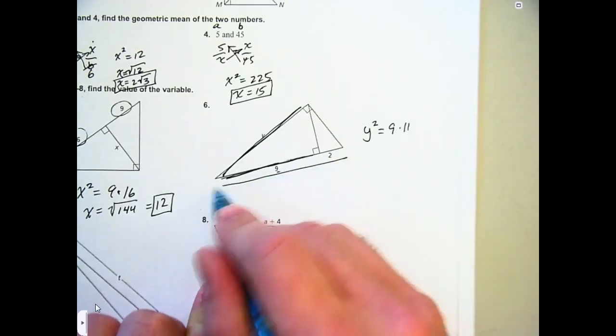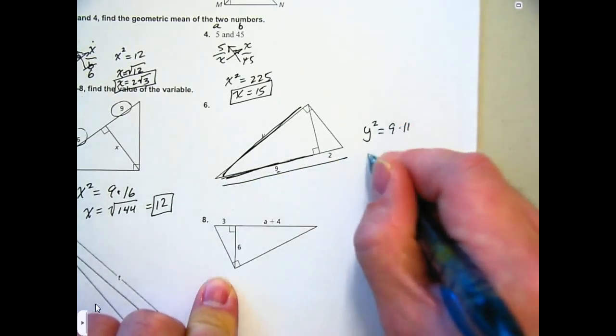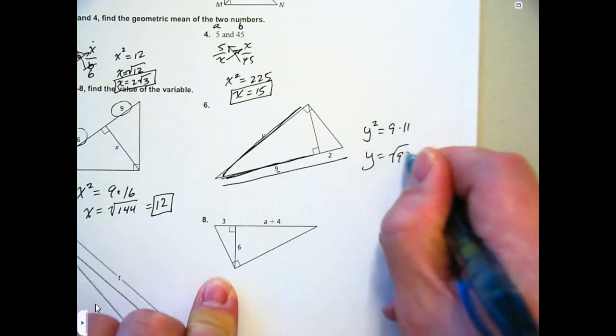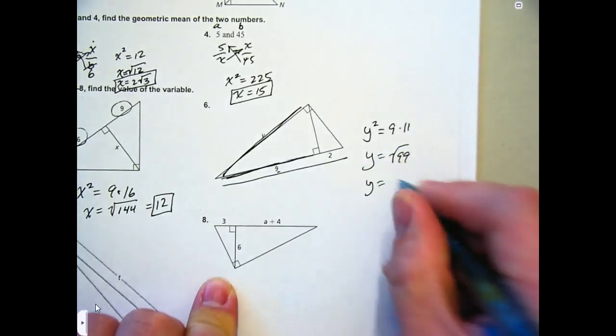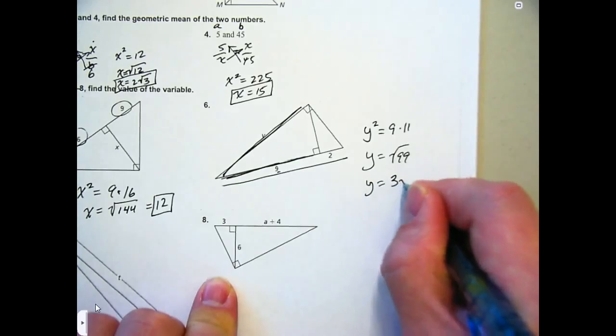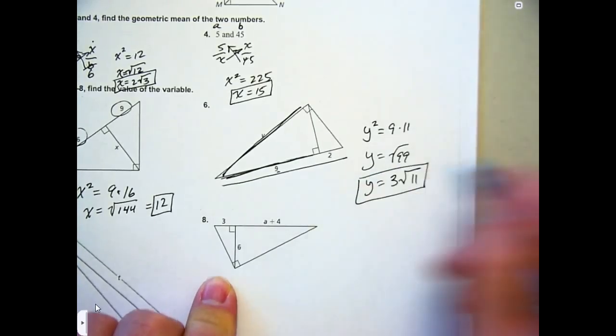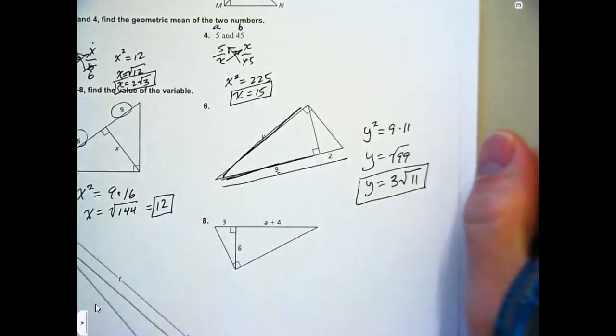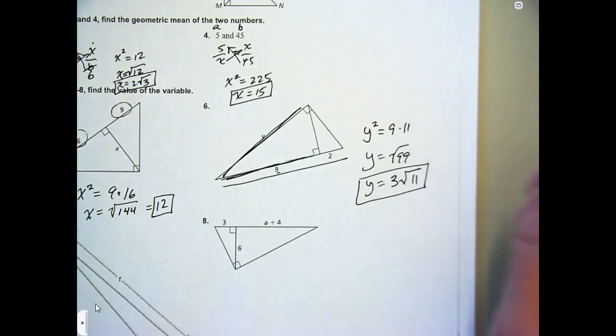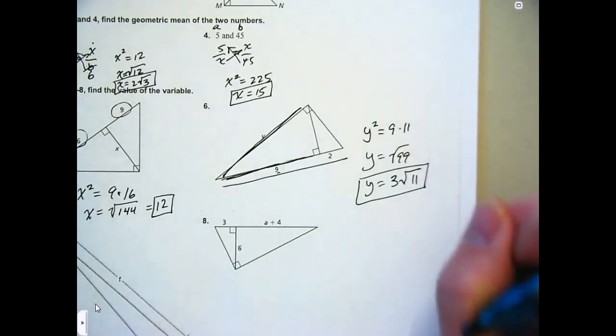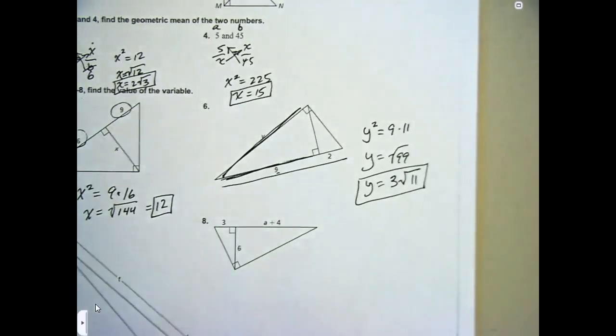So 9 times the entire, which is 11. So we get y is equal to root 99, or y equals 3 root 11. That's good. Okay. How many got that one? Okay, questions on those?